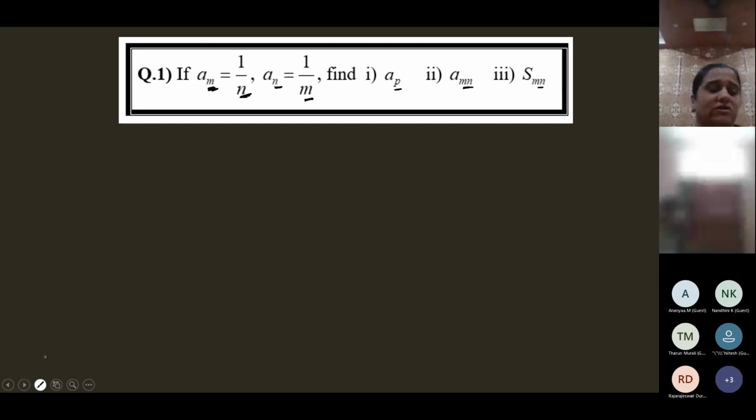So very simple, children. We'll just have to construct two equations.